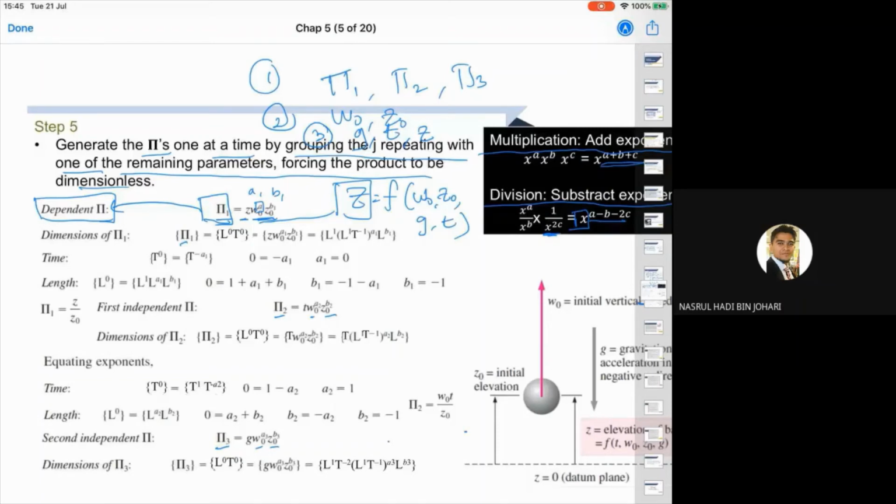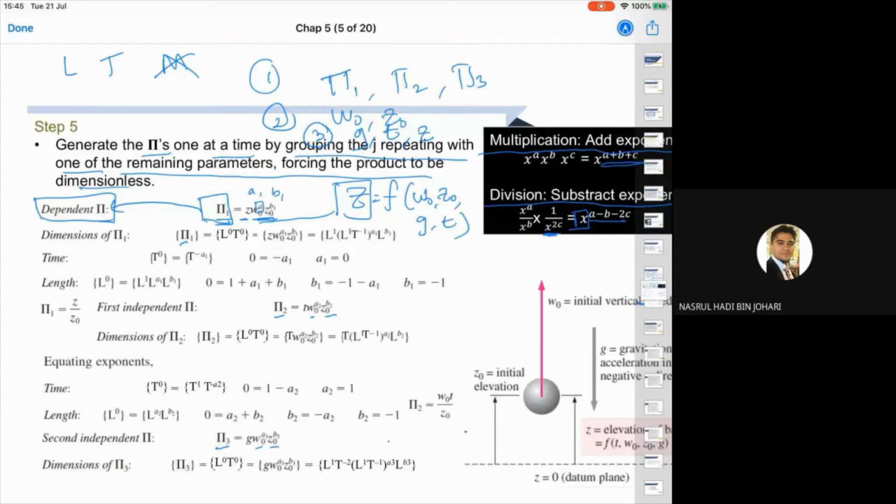We know that only two dimensions are involved. Remember? There is only L and T, right? M is not there. Only length and time in this case, because there is velocity, time and elevation. So only L and T.